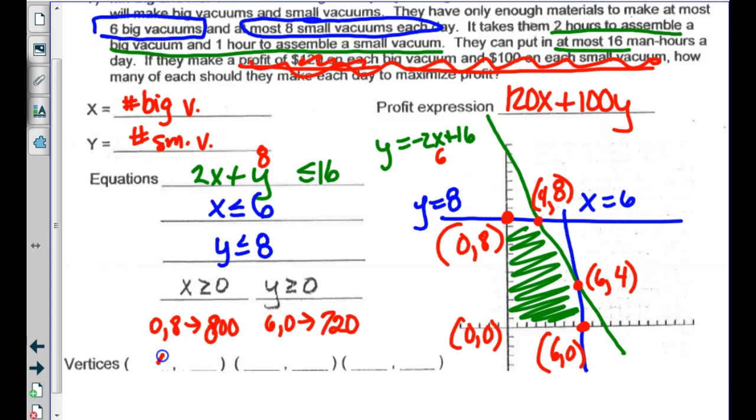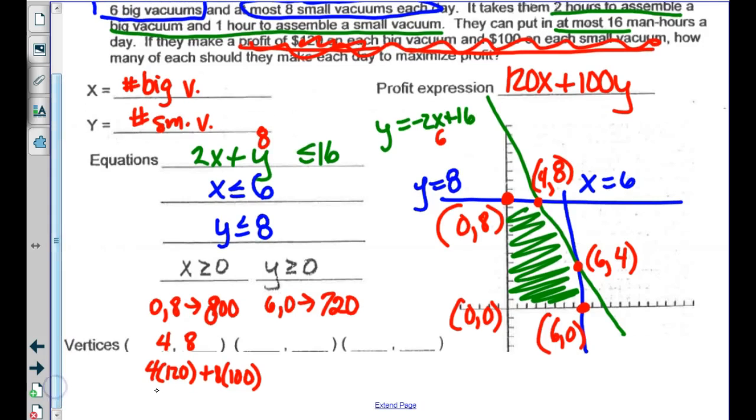And then we have 48, which would be 4 times 120 plus 8 times 100. 480 and 800, 1280. I didn't have enough blanks, so I was just kind of ignoring the blanks here for a minute because apparently I just left off 0, 0.